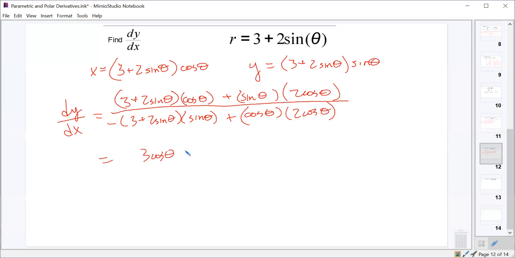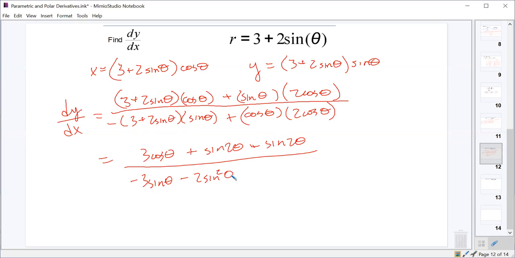3 cosine theta plus 2 sine theta cosine theta, which is sine 2 theta, plus another sine 2 theta. And in the denominator, what do we have here? We have a negative 3 sine theta minus 2 sine squared theta, and then a plus 2 cosine squared theta.